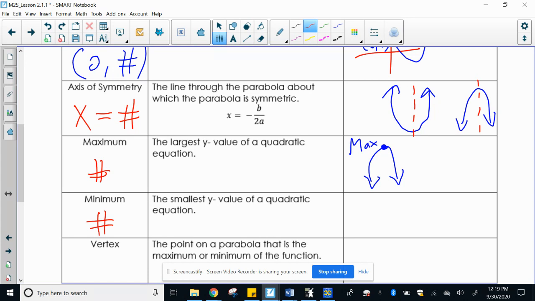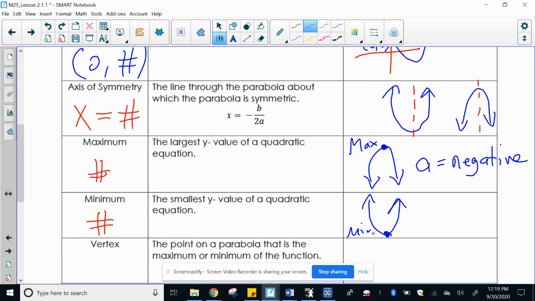What we're going to notice is there's a key characteristic that makes these parabolas open downwards, and that's the value in front, a, being negative. When a, the number in front of the whole quadratic, is negative, our parabola, our U, opens downwards. Versus a minimum, that's when we have something like this, where it opens upwards.